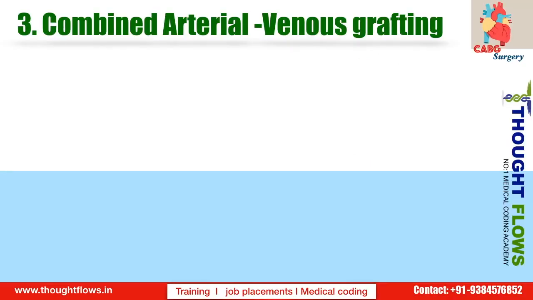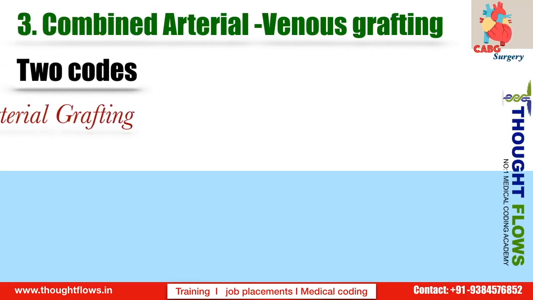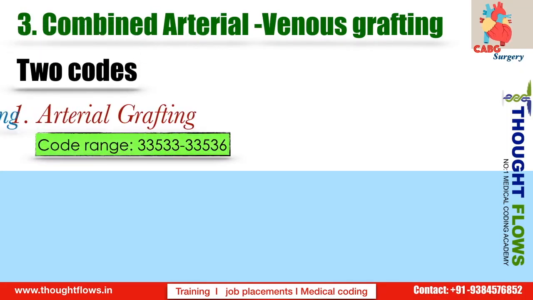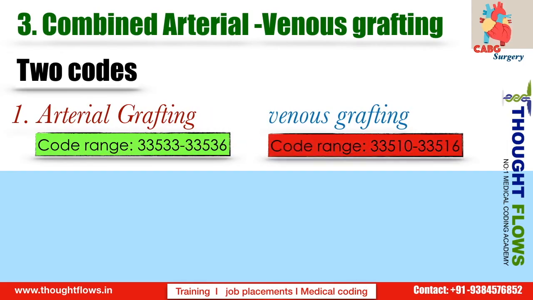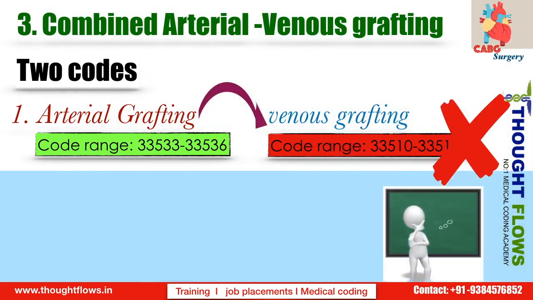Now let's see the combined arterial and venous grafting. If the surgeon is used both arteries and veins for the CABG, we have to use both the codes, one for arterial grafting and another for venous grafting. But there is a twist here. We should not use the primary codes of venous grafting.